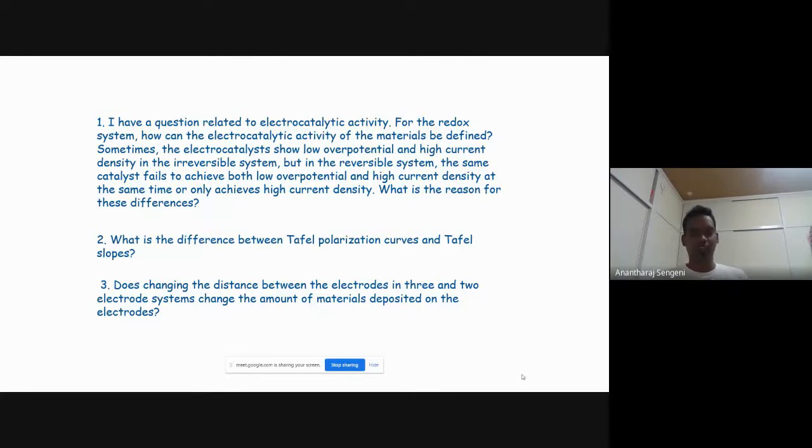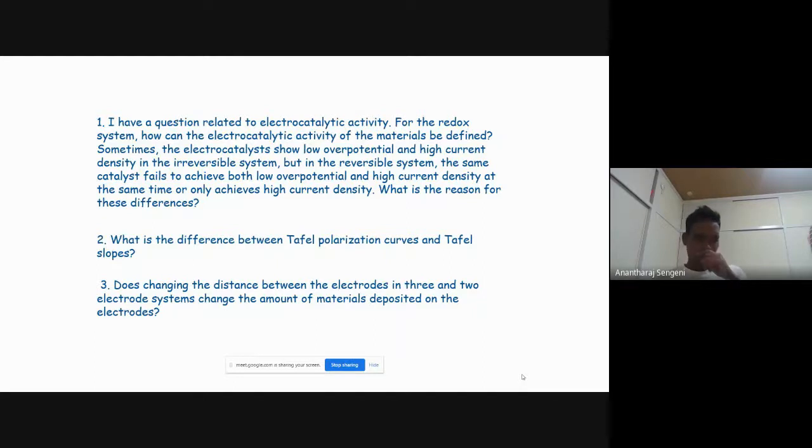When you use the same catalyst for two different systems, in which one is reversible and another is irreversible, obviously they are two different analytes. With each analyte, a catalyst surface will have its own adsorption and desorption characteristics and the corresponding free energies of adsorption.